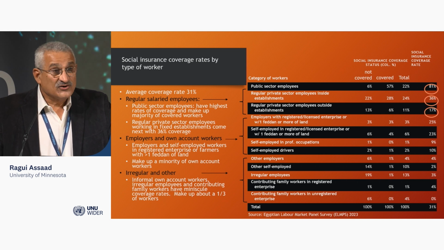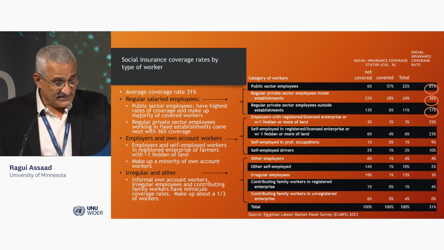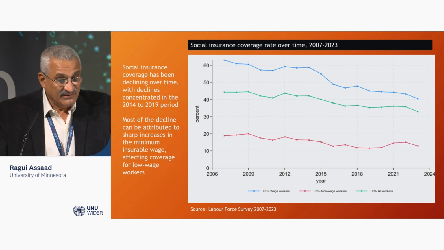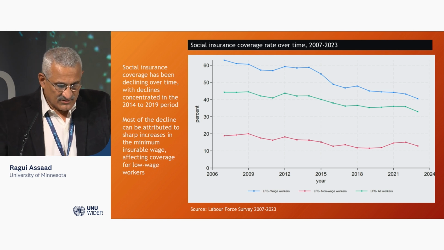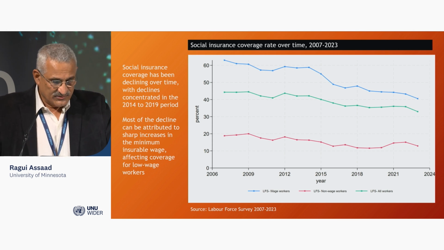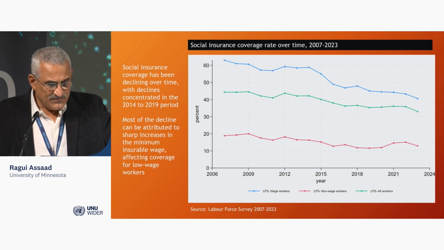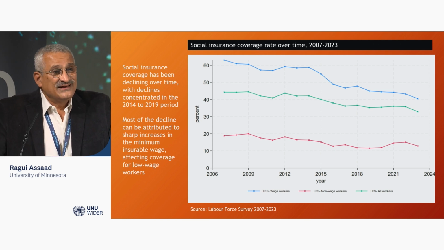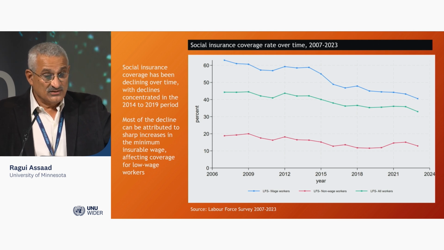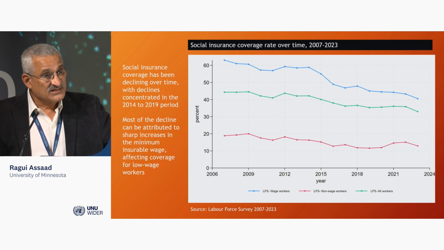So overall, the coverage rate of social insurance is 31%, and that rate has been declining over time, not increasing. And you can see the top line, the blue line, is the wage workers, the red line is the non-wage, so it includes the own account workers, self-employed, etc. And then the green line is the overall average, and you can see that has been dropping, and the fastest rate of decline was between 2014 and 2017-18, and that coincides with a period in which the minimum insurable wage was rising quite fast.